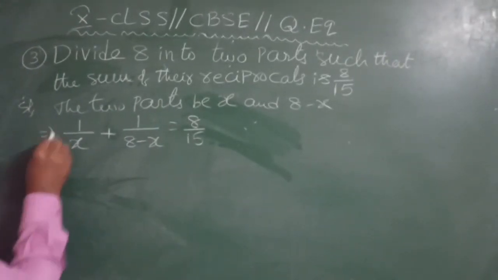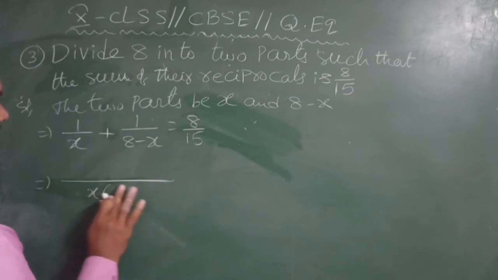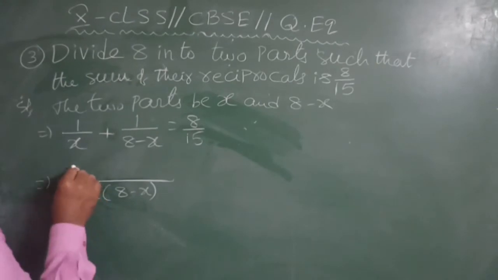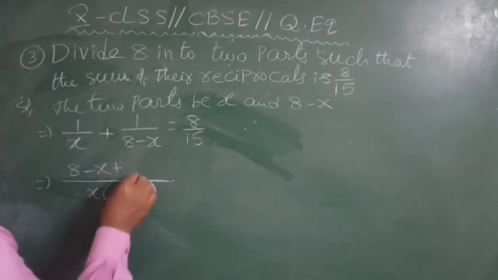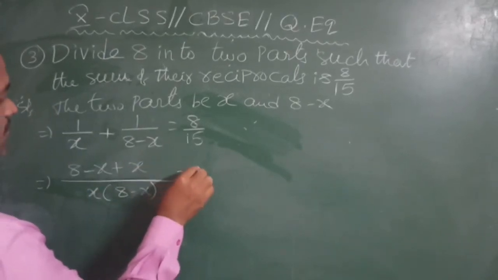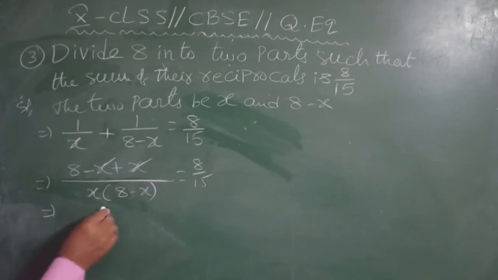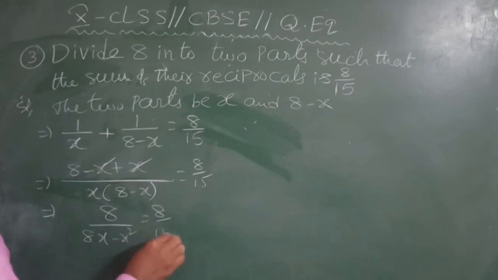Now simplify this. Take the LCM on the left hand side: x into 8 minus x. Then you get 8 minus x plus x, where the x cancels, so that equals 8 by 15. That implies 8 by 8x minus x square is equal to 8 by 15.